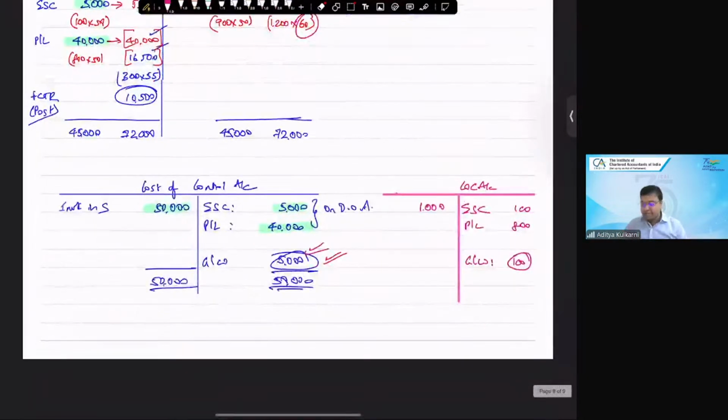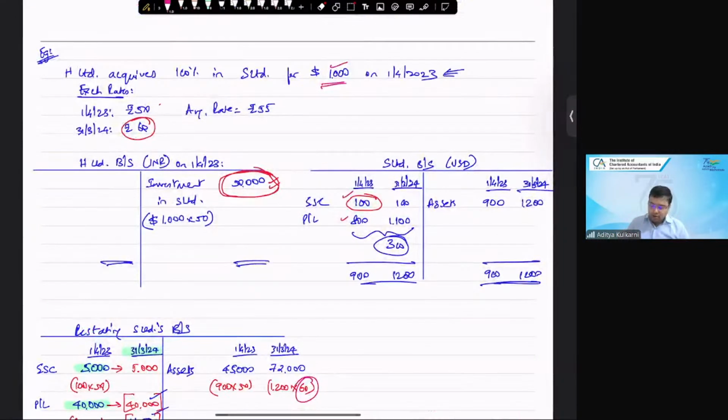But if I stick to this 5,000, it is coming as 100 into 50. That is 5,000. Yes or no? Yes, sir. What is this 50? This is the opening rate, the rate on the date of acquisition. Is it consistent?